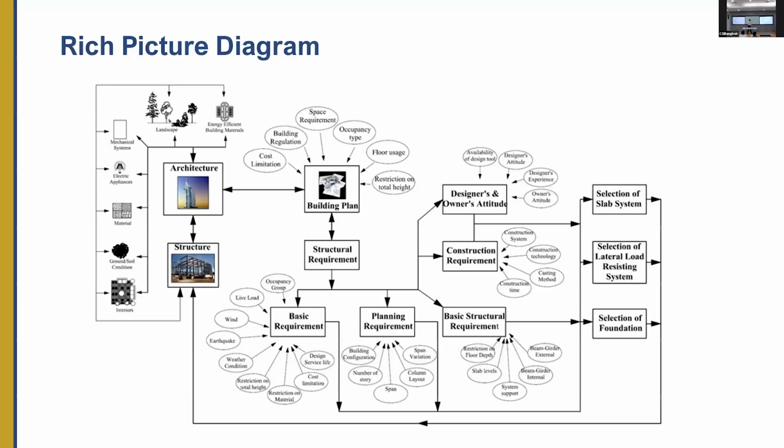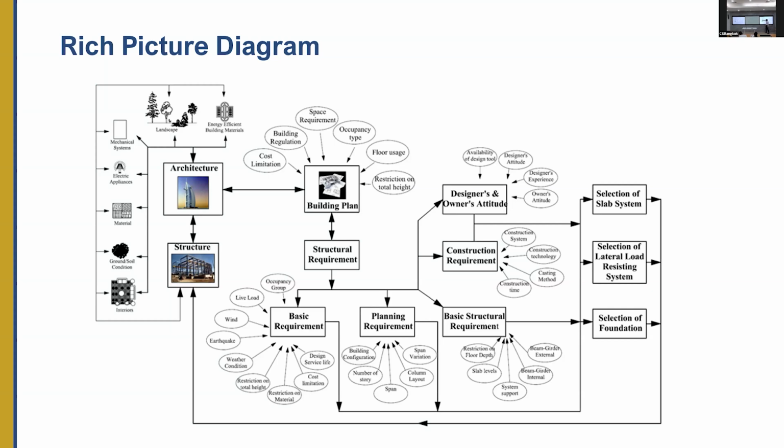And now we go to the big picture concept, that we need to combine this knowledge with other people who also need the floor system. I told you that the decision cannot be made by you only. Other people also need to be asked, and they will affect your decision. So this is a big picture: architecture, structure.